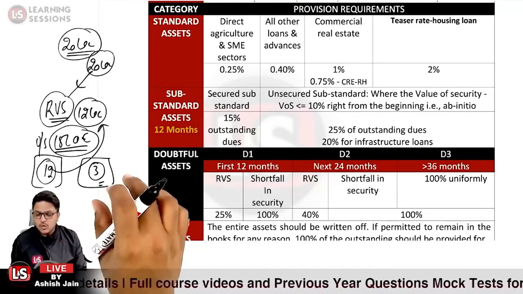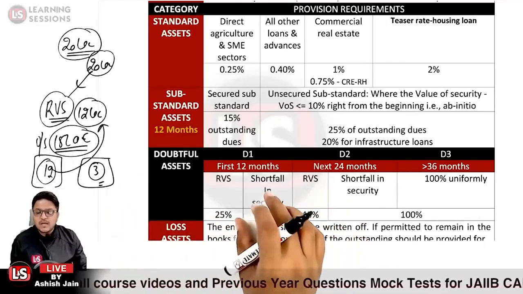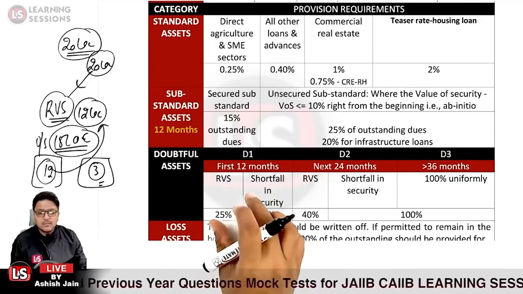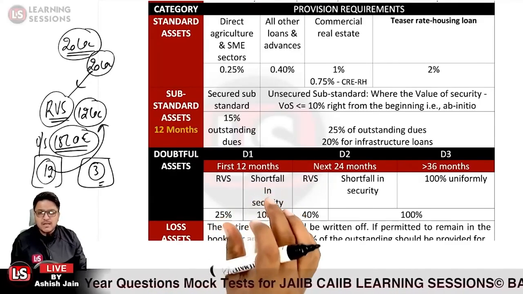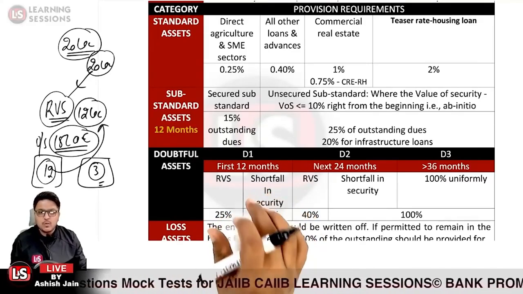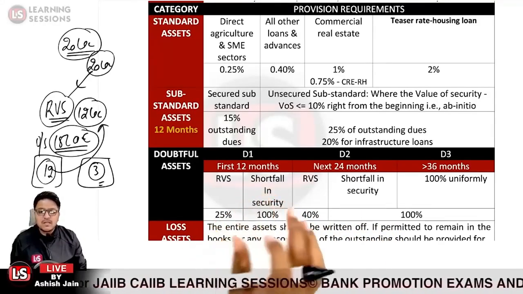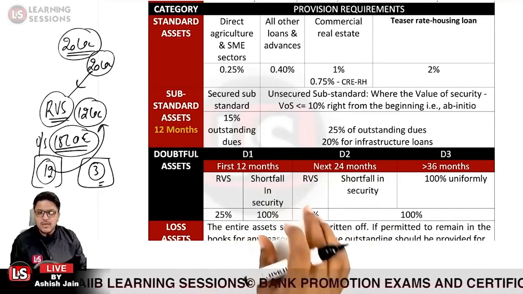For the secured part under D1, 25% provision is to be created, and for the unsecured part under the doubtful category, whether D1, D2 or D3, the provision is to be created at 100% uniformly.